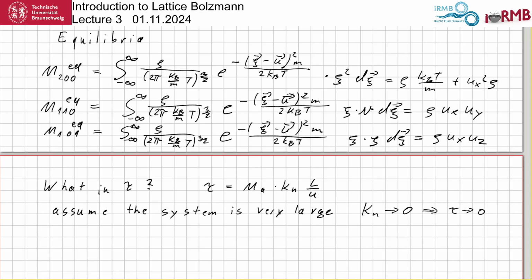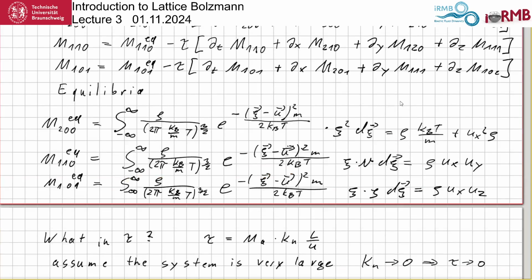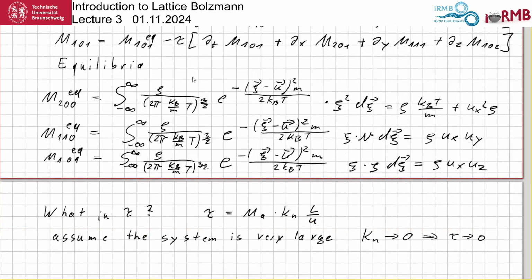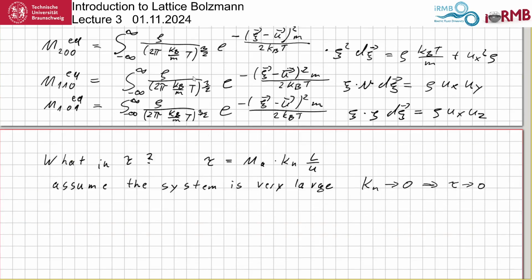This helps us a lot. Why? Because tau is in front of the thing that we don't know, and everything else we know. So if we can set tau to 0, we can deal only with stuff that we know.